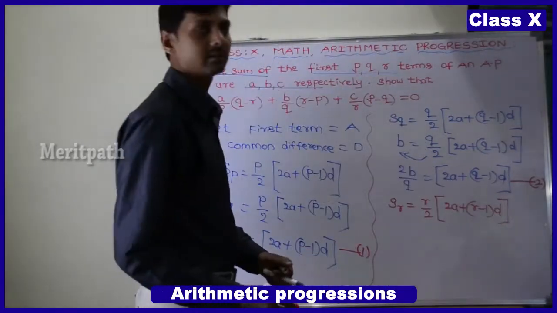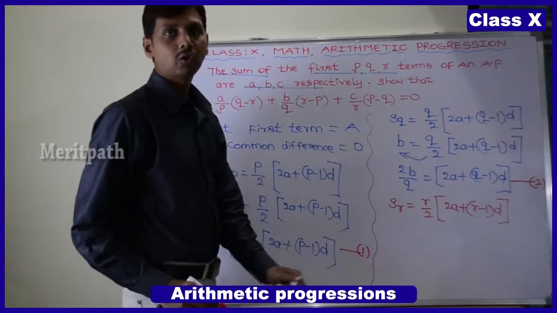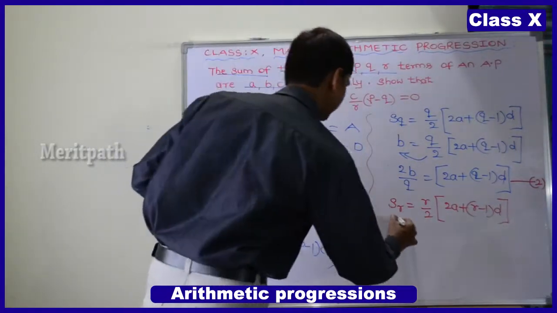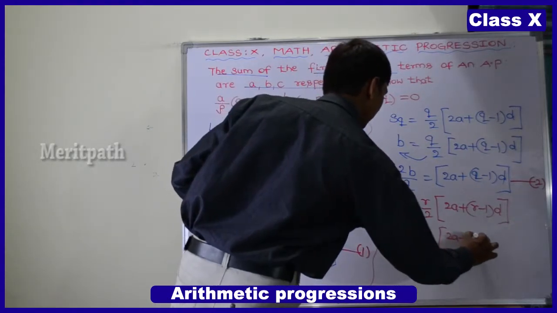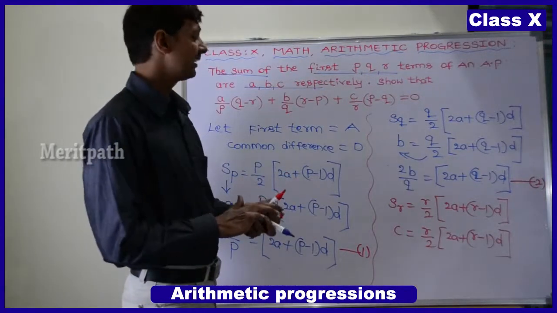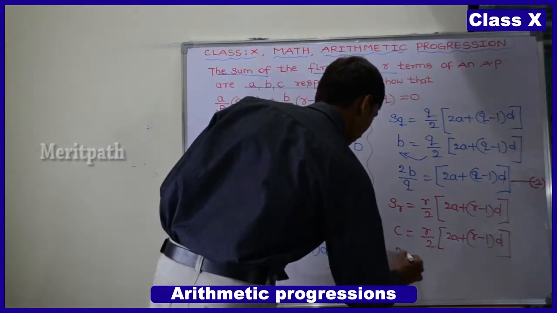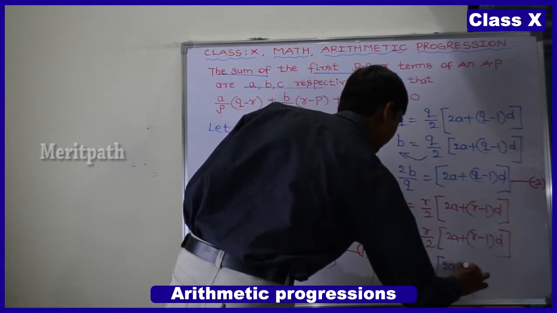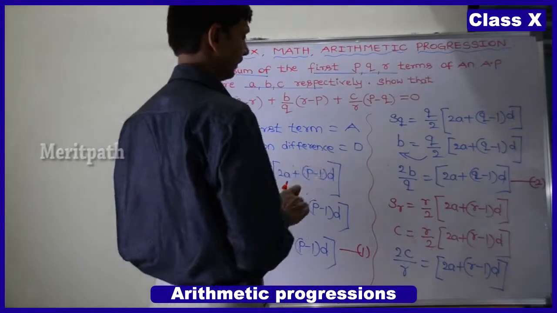When we transpose this r by 2 to the left hand side, it becomes 2c divided by r is equal to 2a plus r minus 1 into d. This is the third equation.